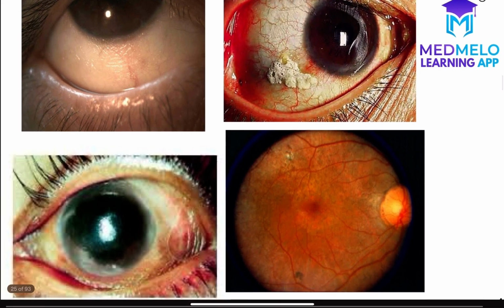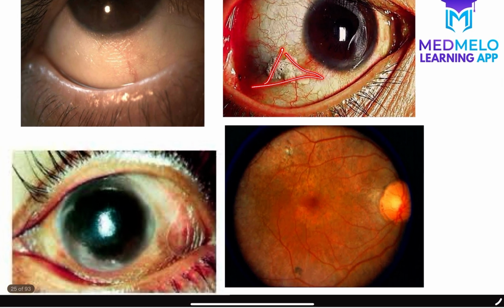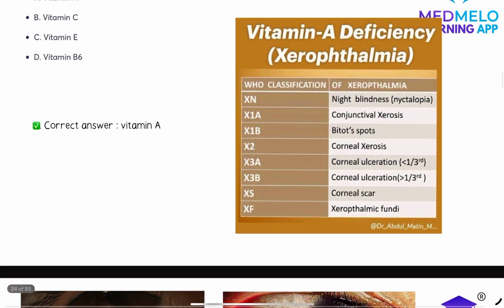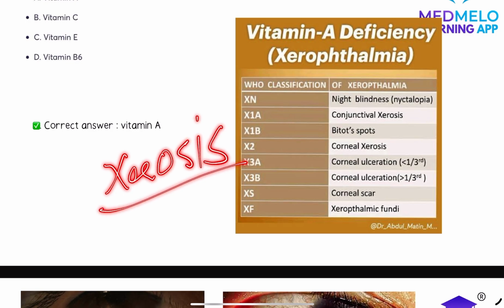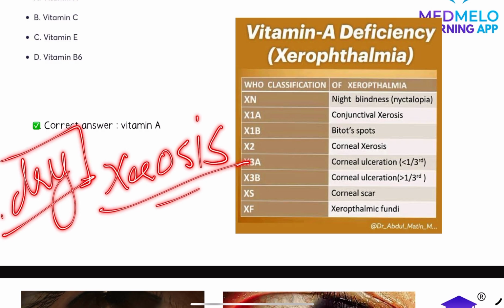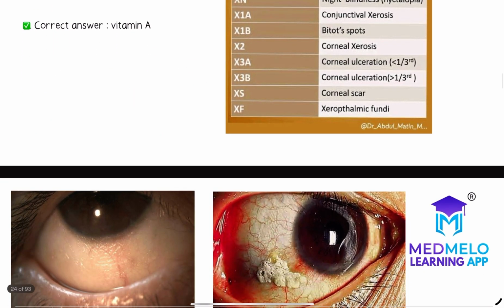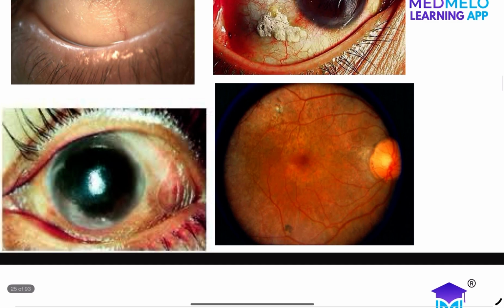Then X2 is corneal xerosis. Xerosis means the dryness of the cornea. Here we can see the dryness in the cornea.